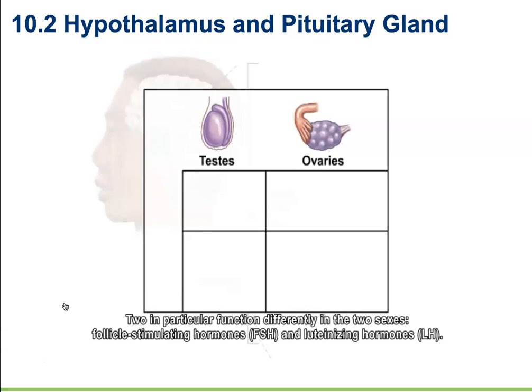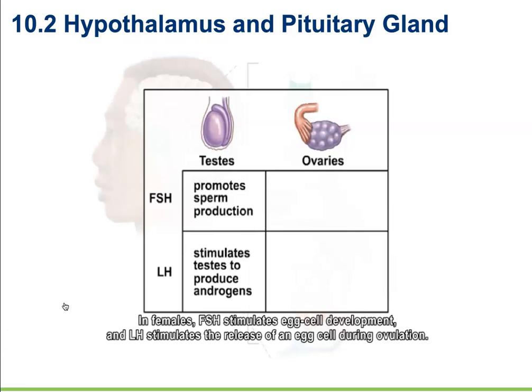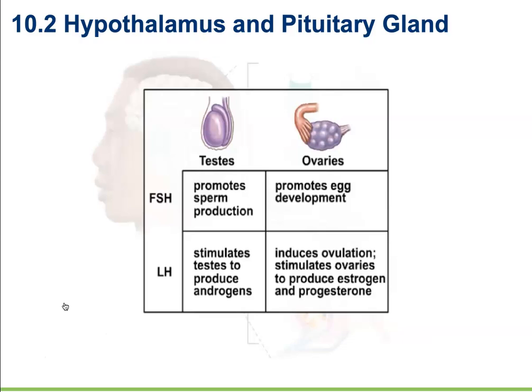Two in particular function differently in the two sexes: follicle-stimulating hormone, FSH, and luteinizing hormone, LH. In males, FSH stimulates sperm production, and LH stimulates testosterone production. In females, FSH stimulates egg cell development, and LH stimulates the release of an egg cell during ovulation.